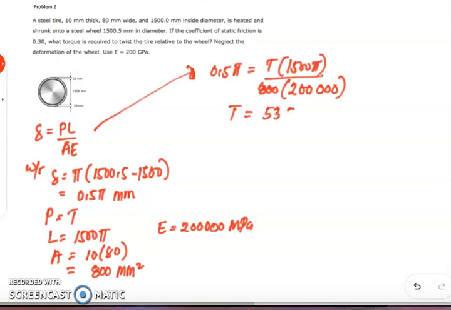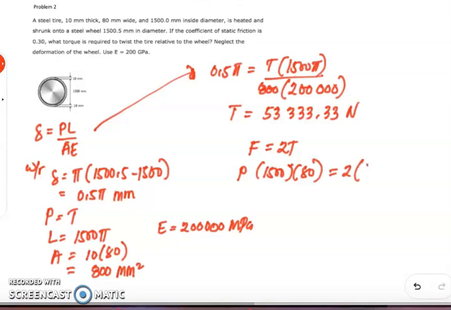And this gives us T, which is equivalent to 53,333.33 newton. And from our equation, the bursting force is equal to 2 times the resisting force T. So this is equal to internal pressure times the area, which is 1500 multiplied by the width, which is 80, equal to 2 times T, which is 53,333.33.